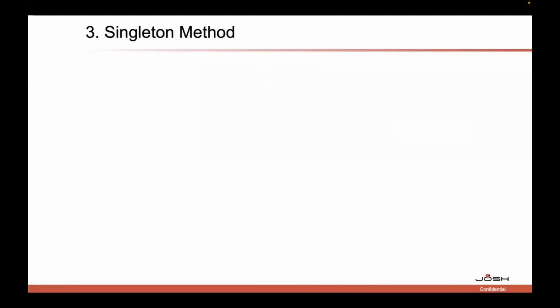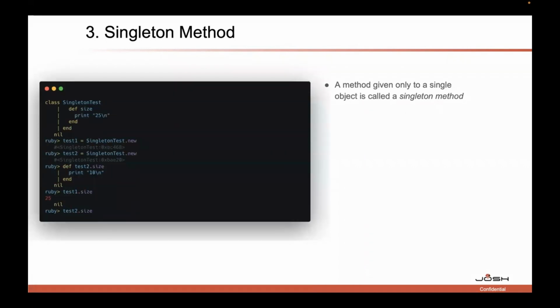Now we'll see what a singleton method is and what its use is. A method given only to a single object is called a singleton method. If you give a method to a single object only, not to the entire class, then it is called a singleton method. So how is it possible?